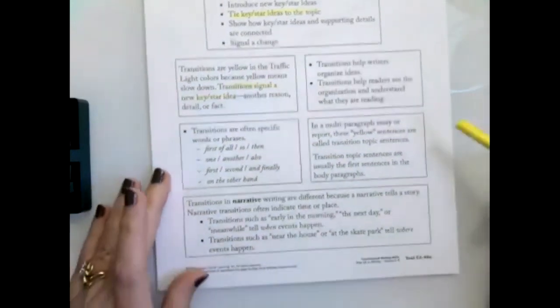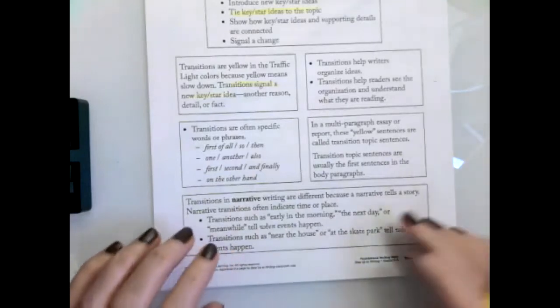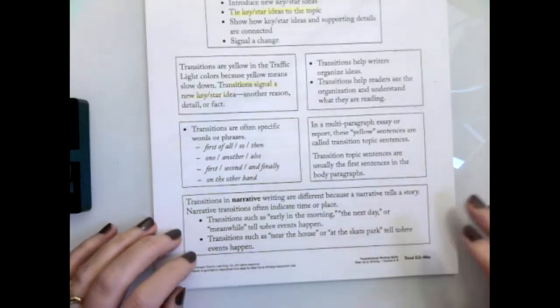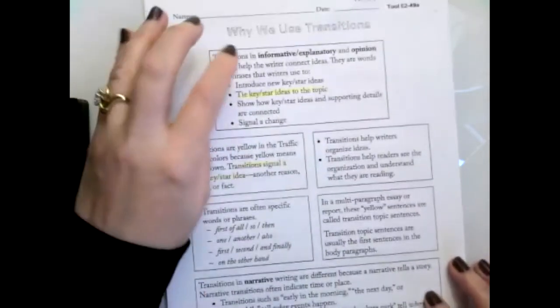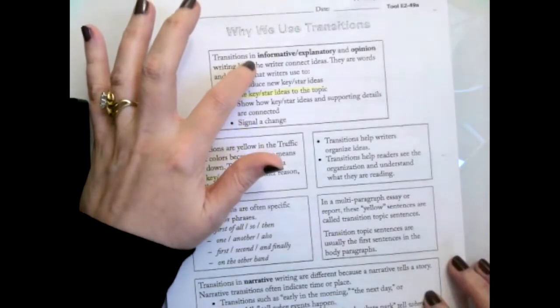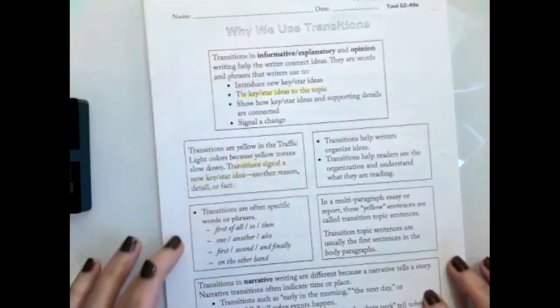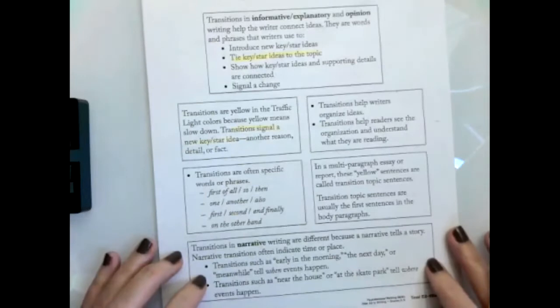It is important to note that at the bottom of this page, there's a distinction between transitions in narrative writing versus transitions in informative, explanatory, or opinion writing. We haven't talked about narrative writing yet.